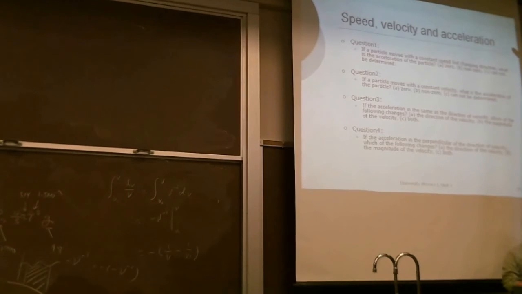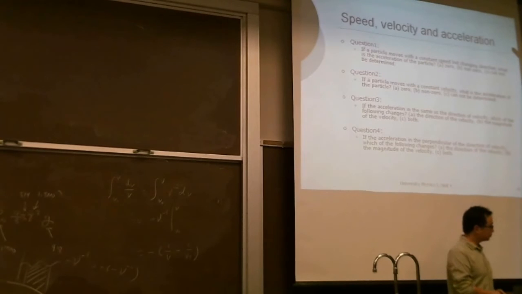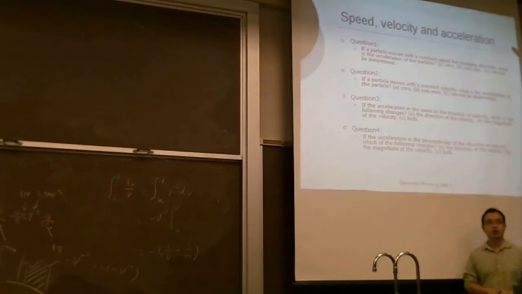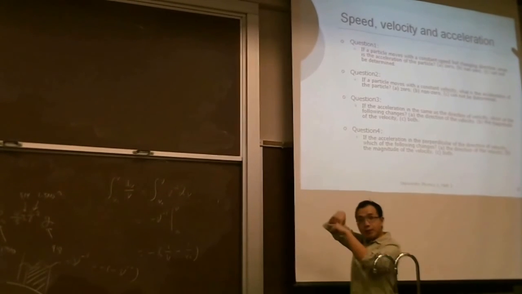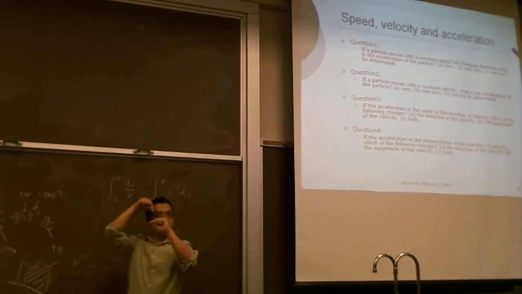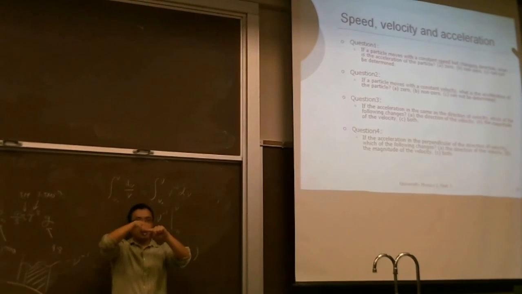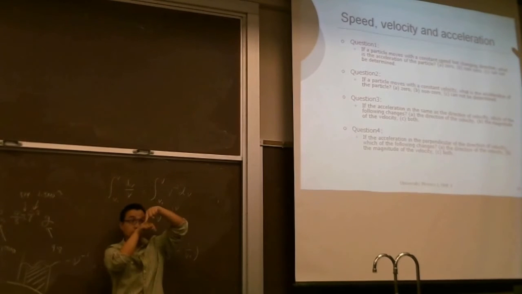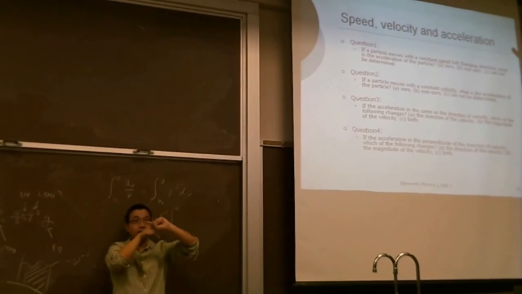Similarly, if the acceleration is perpendicular to the direction of the velocity, which will be changed: direction, magnitude, or both? Just the direction. If there is some acceleration or force perpendicular to the direction of the velocity, it will only change the direction of the velocity, but not the magnitude.